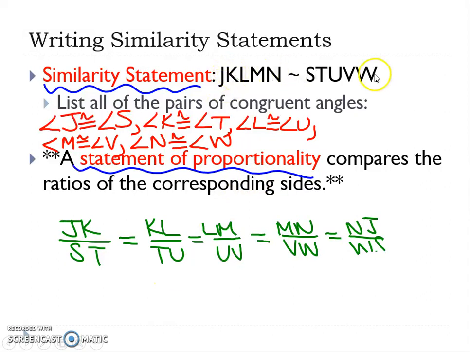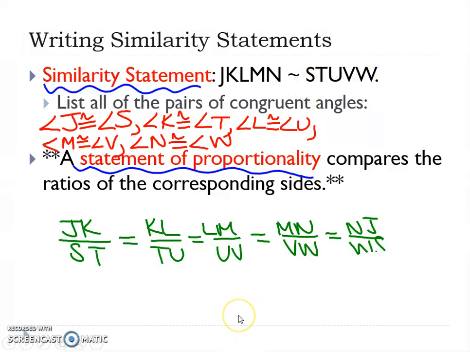So you have to go left to right: all the left ones are on the top, all the right ones on the bottom. And then you write LM is proportional to UV, MN to VW, and then NJ is proportional to WS.